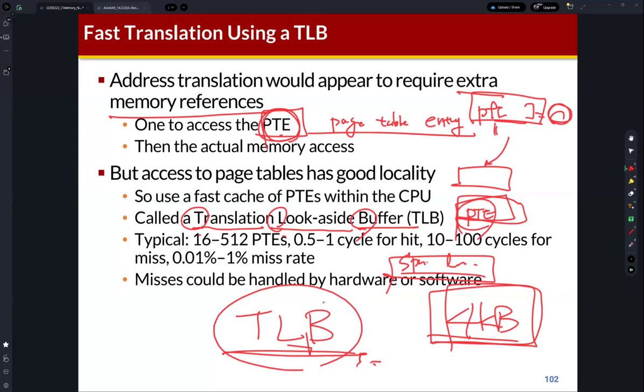We can just cache the page mapping information in the TLB, and using this cache, we can quickly access the mapping information. So the miss rate is very low.